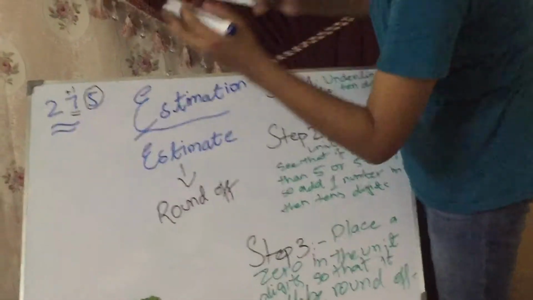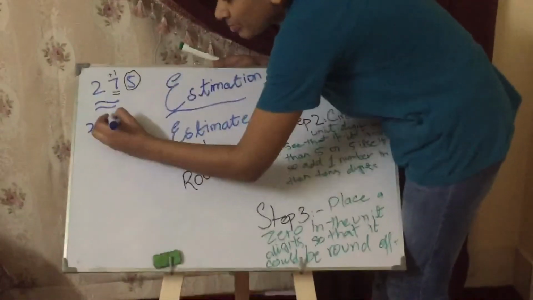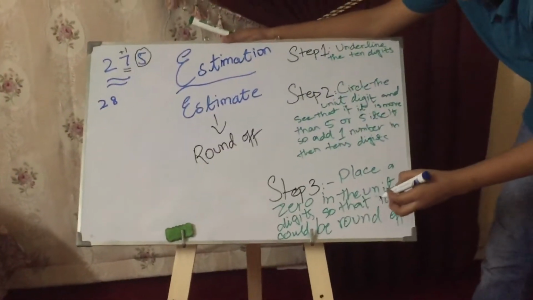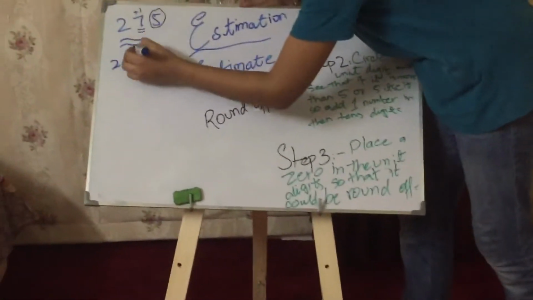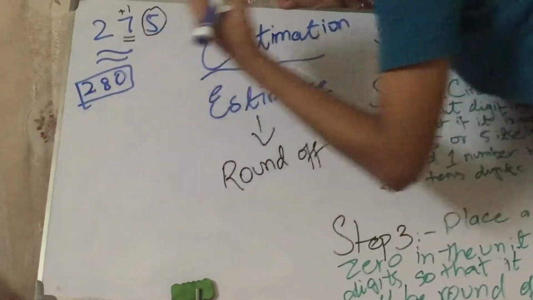Look, the 2 would remain the same and we add 1 to the 7, so 8, and place a 0 in the place of 5. So 280 is our answer.